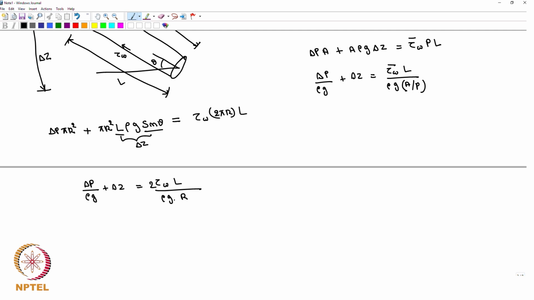So what you see on the left hand side is what you originally had. Now you end up with an expression which contains tau W, area and perimeter and so on. And this quantity is what is called the hydraulic radius.